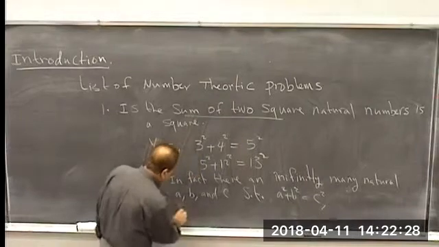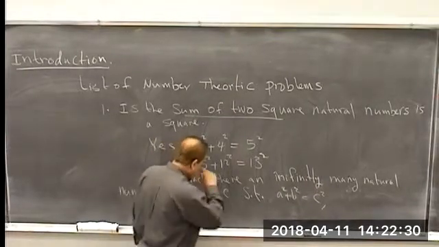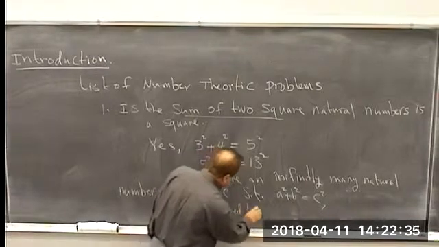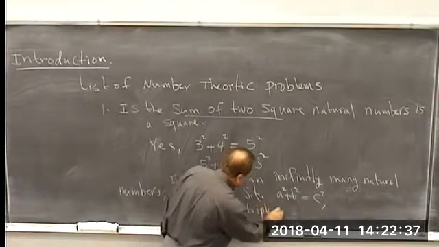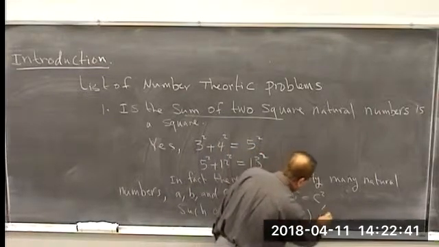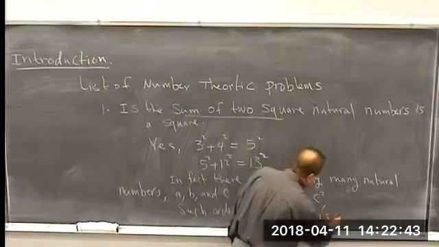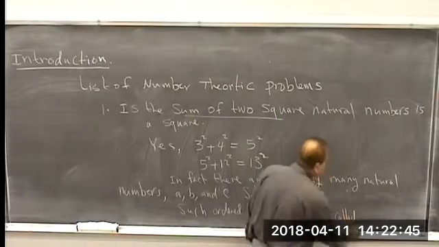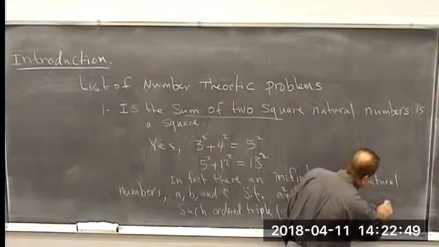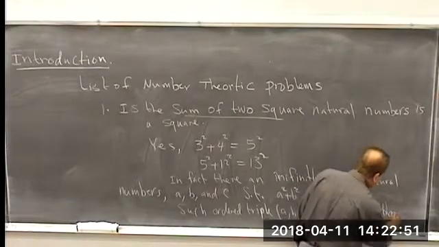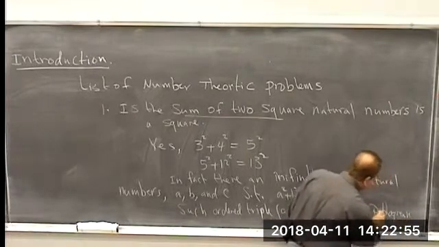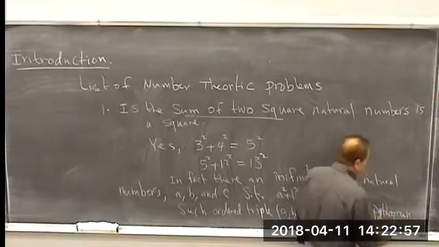Such an ordered triple, when you write it like this, A, B, C, is called a Pythagorean triple.